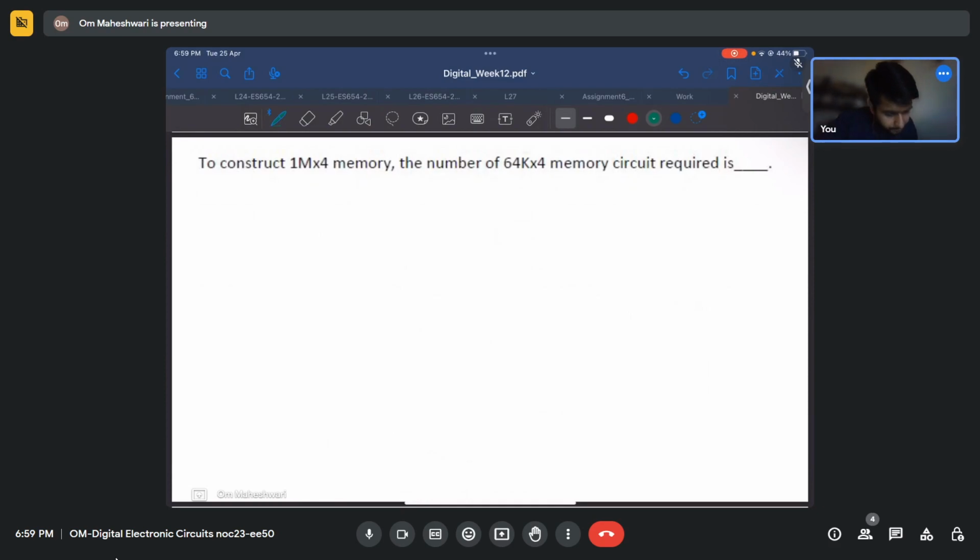So you have 1M cross 4 memory and 64K cross 4 memory. How many of these are required? Very simple, just divide it.